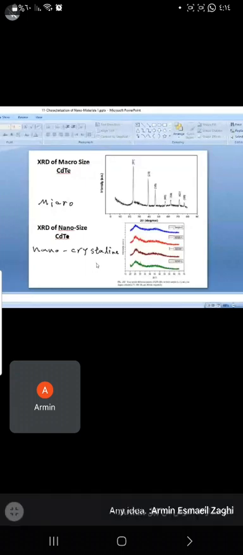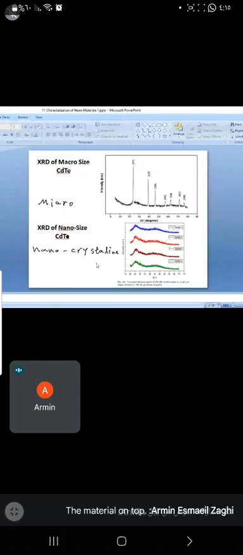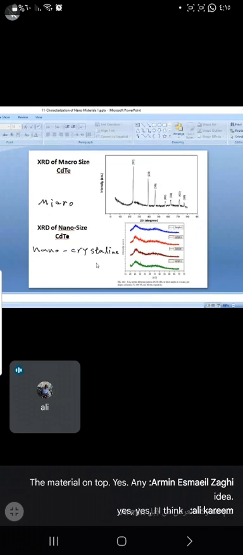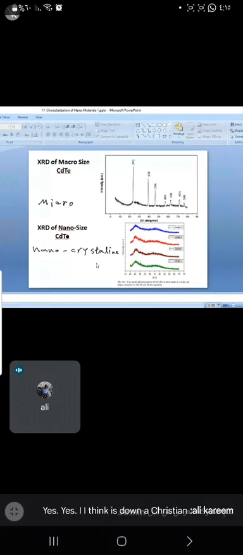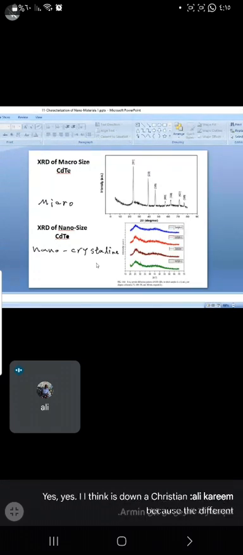Any idea? The material on top, yes. Any idea? Yes. I think it is the bottom because of the difference in wavelength.